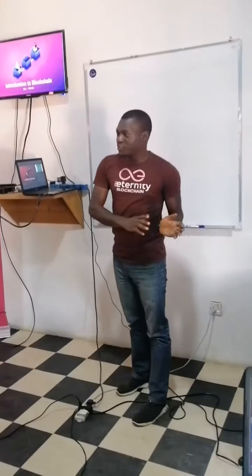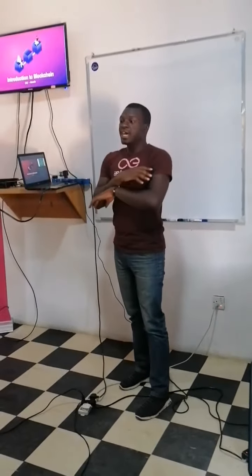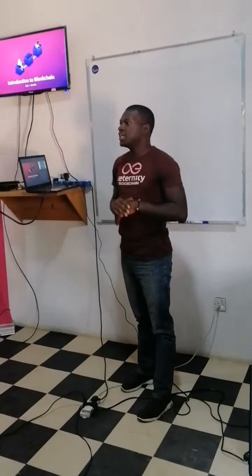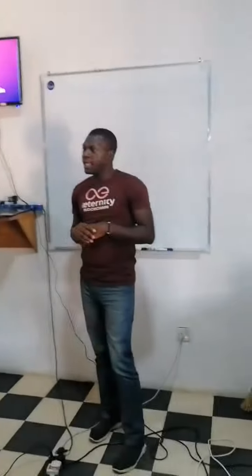One gives you permission to access information or data at any time, okay? And then the other, you need permission to be able to access it. So a blockchain simply is a collection of data in a decentralized manner or form, which can be accessed either with permission or without permission.